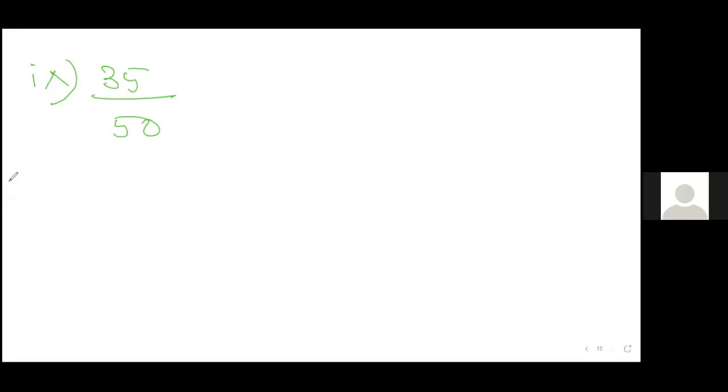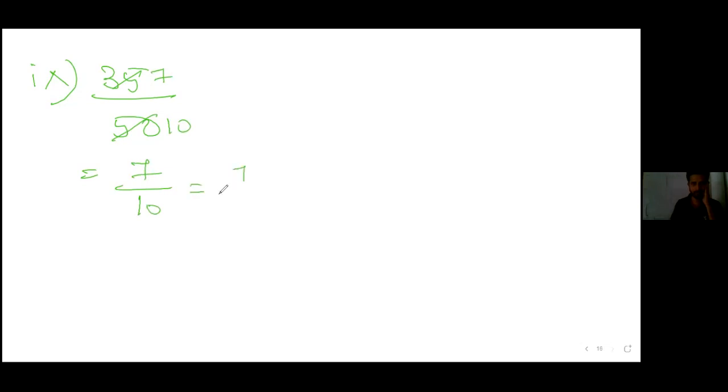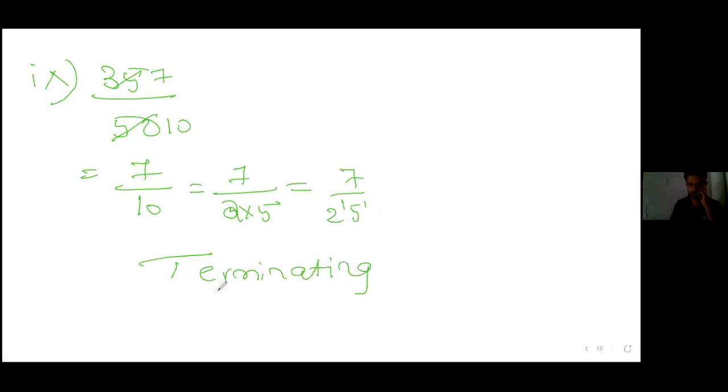Yes, it is terminating because you can divide this by 5. So 5 7s are 35 and 5 10s are 50. This is 7 by 10, and this can be written as 2 into 5. So again, this is of the form 7 by 2 to the power n into 5 to the power 1. So I can conclude this is terminating.